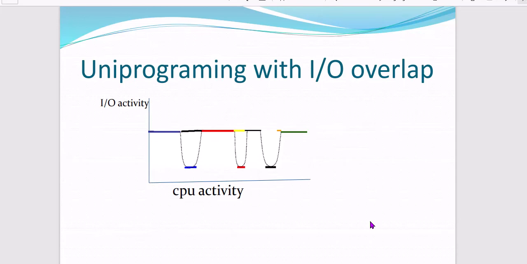So I'll finish on this slide. So uniprogramming with input-output overlap can be represented by means of this diagram. Here on the vertical axis, I'm looking at I/O activity, and beneath it the activity of specialized input-output devices.